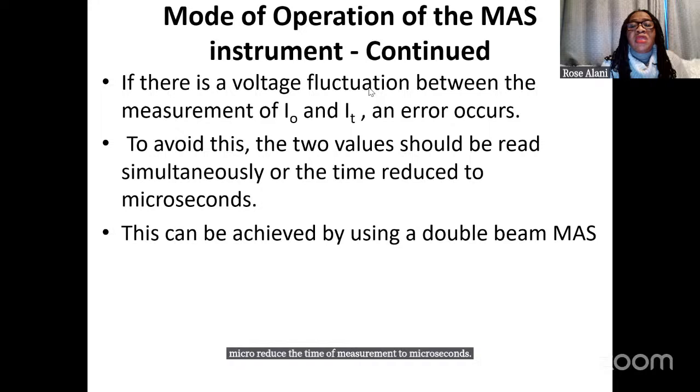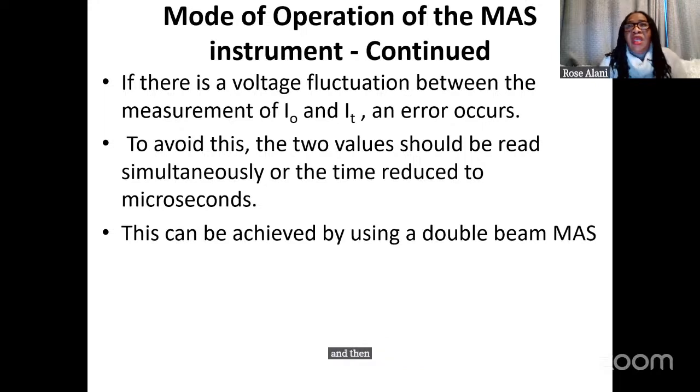So almost simultaneously, the measurements of the two are carried out. And to achieve this, you have to use a double beam molecular absorption spectrophotometer. So let's see the double beam.